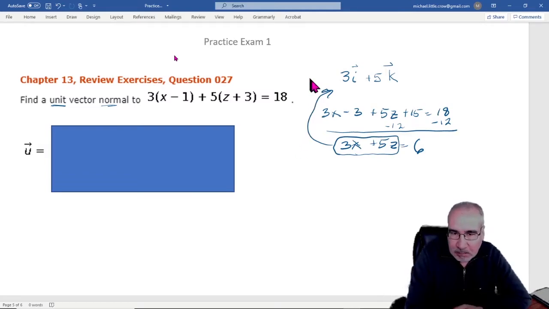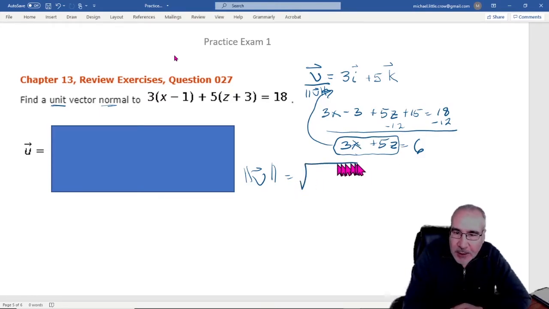It's a vector, certainly. It's a normal vector. But to make it the unit vector, we need to divide by its magnitude. Okay, so to get the magnitude, we use the Pythagorean theorem, so it's going to be 3 squared plus 5 squared equals the magnitude squared.